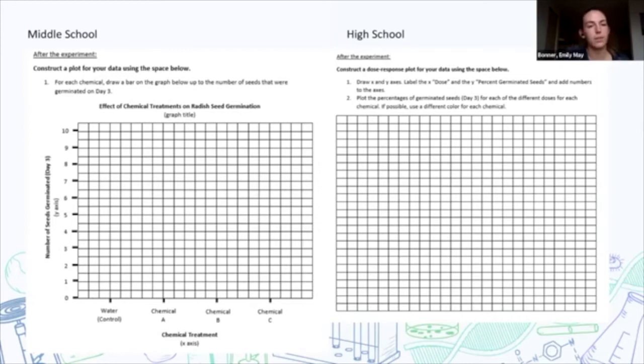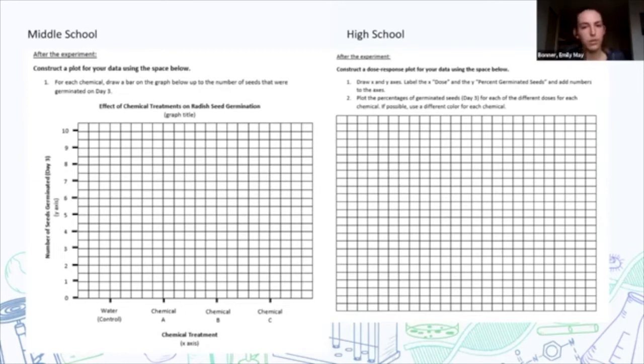And in the case of the middle schoolers, it's actually just a bar chart because they're comparing the same concentration of different substances. So they can just plot their bars for the number of seeds that were germinated on day 3. And they can compare then which chemicals were more toxic than other chemicals compared to their control condition, which is just water.